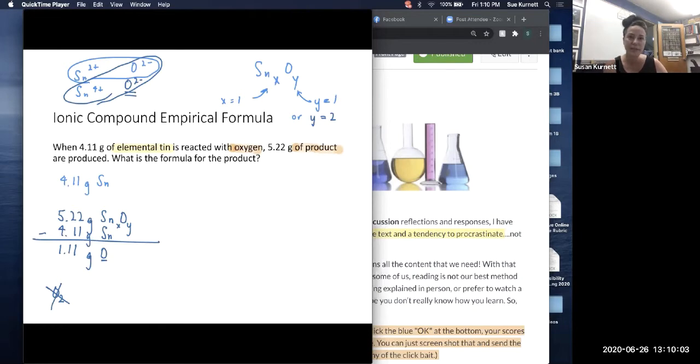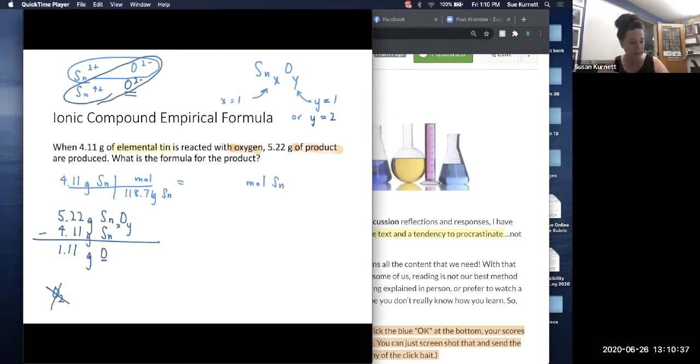Okay, so the first thing is to figure out for each element in the compound what the mass is in grams. We've done that. And then the next step is to convert that to moles. So I'm going to look on my periodic table, and I find the molar mass for tin, 118.71 grams of tin in every mole. And I'm going to get some moles of tin.